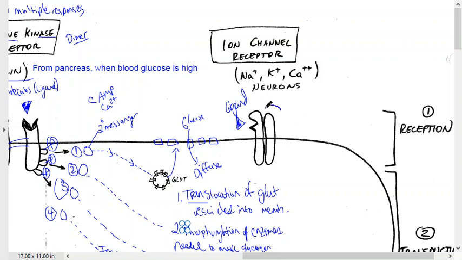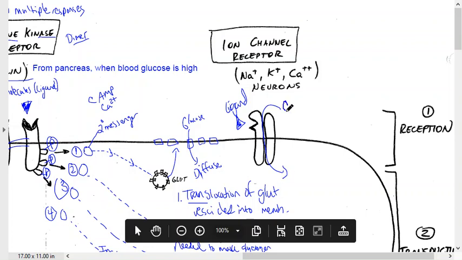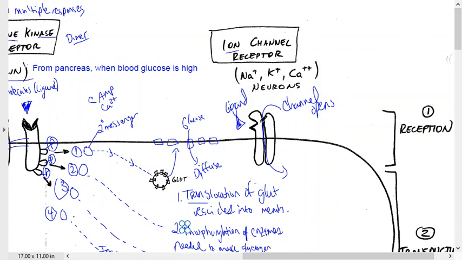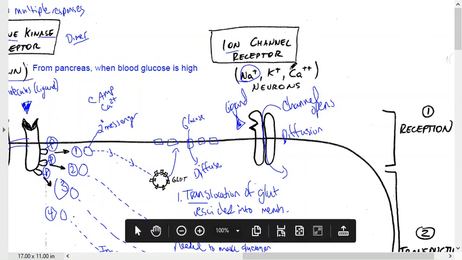So actually I'm just going to go ahead and say the channel opens and whatever the ion is can diffuse through. Right? This is diffusion. So if this were a sodium ion channel receptor and the ligand bound, then sodium would diffuse through. If it were potassium, potassium would diffuse through, and if it were calcium, calcium would diffuse through. Right, that's pretty straightforward.